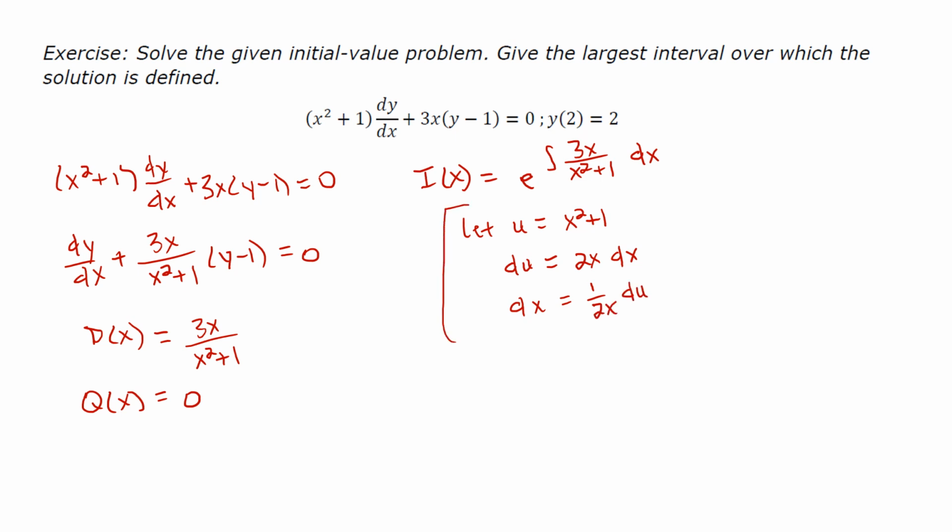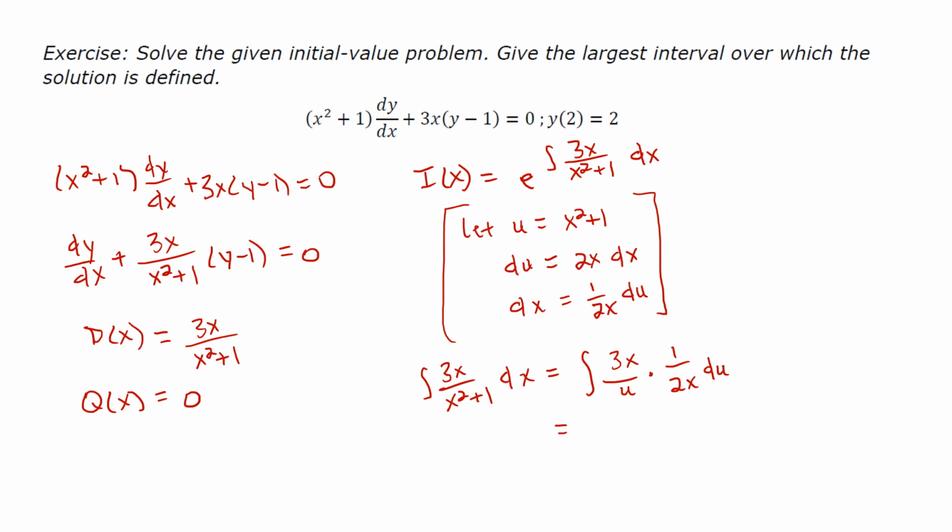So when we rewrite our integrating factor power, we're focusing specifically on the power right now. When we rewrite this power, we will get 3x over u times 1 over 2x du, because I substituted in for dx.